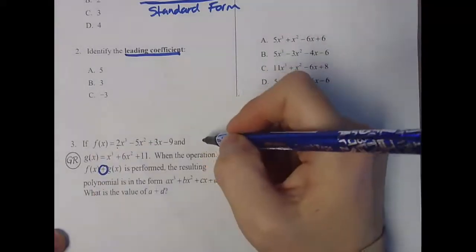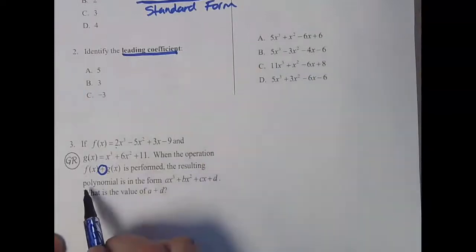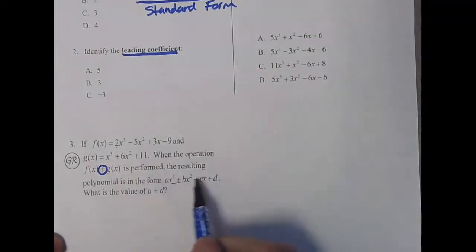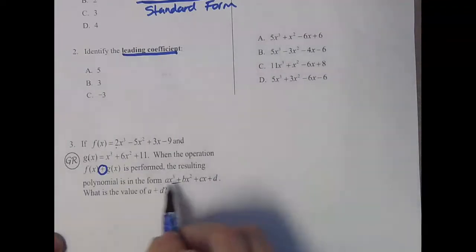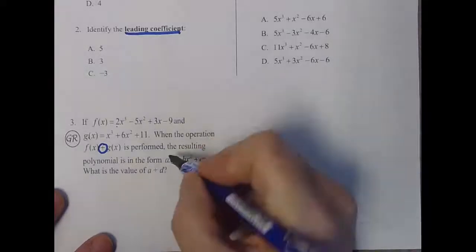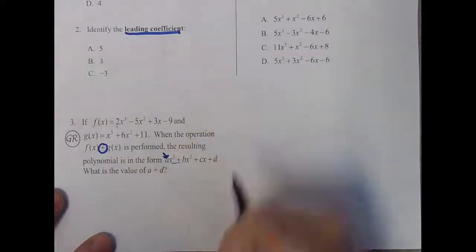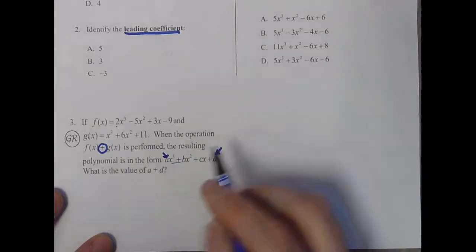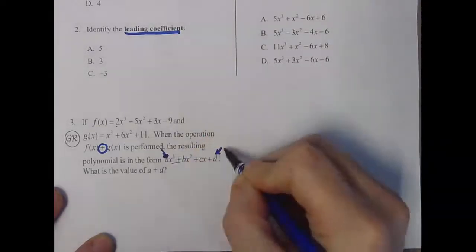So this is what it wants you to do. What's the resulting polynomial? It's going to be in this form. So then after that's done, it wants you to add the number that's attached to the x to the third and the number that's all by itself. It wants you to add those two together at the end.